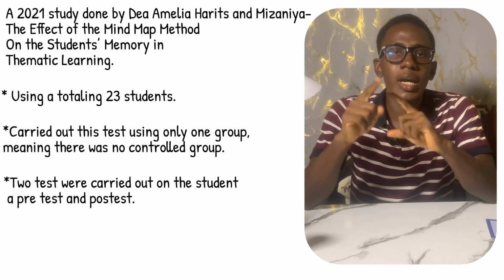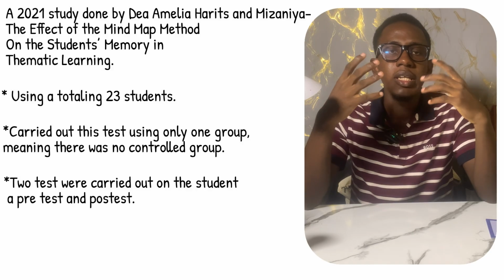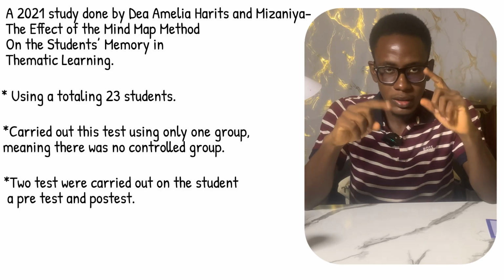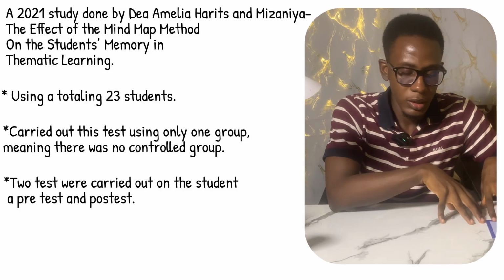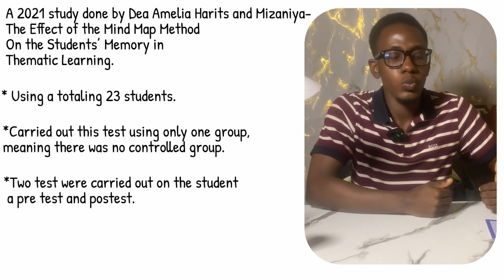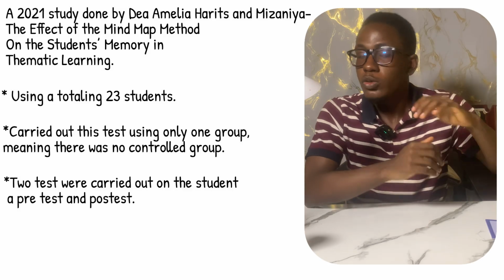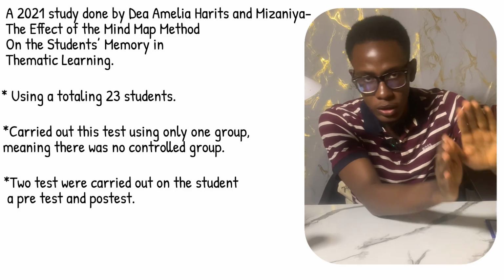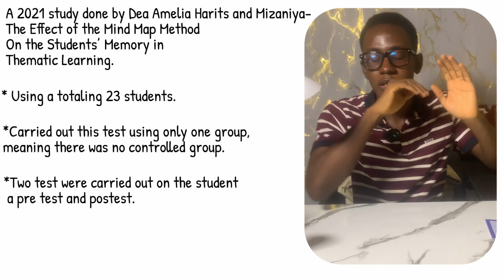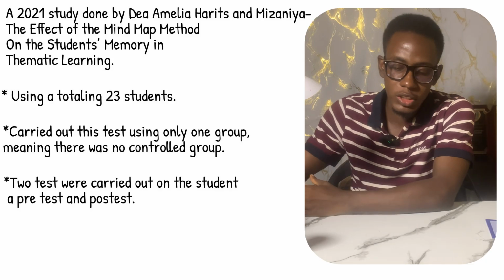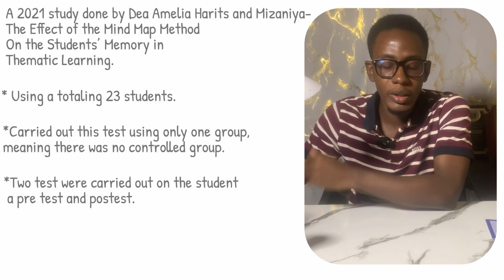But what was unique about this study is that they organized two tests, a pre-test and a post-test. The pre-test was before implementing the mind mapping technique, using their normal study routine or study techniques, and the post-test was after teaching them the mind mapping technique.